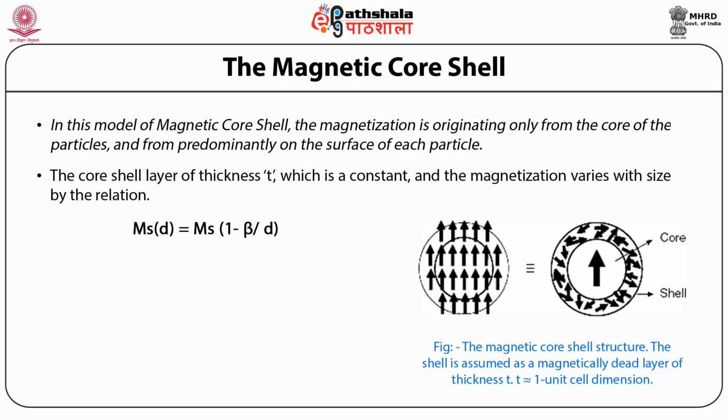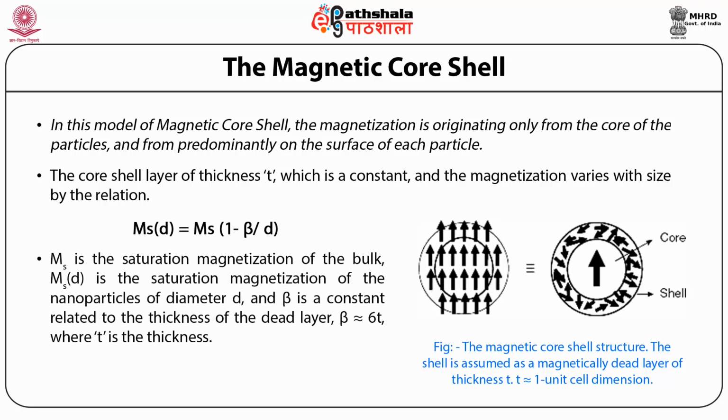The dead layer is of thickness t, which is a constant, and the magnetization varies with size by the relation Ms(d) = Ms(1 - β/d), where Ms is the saturation magnetization of the bulk, Ms(d) is the saturation magnetization of the nanoparticle of diameter d, and β is the constant related to the thickness of the dead layer. Beta is approximately 6t, where t is the thickness.